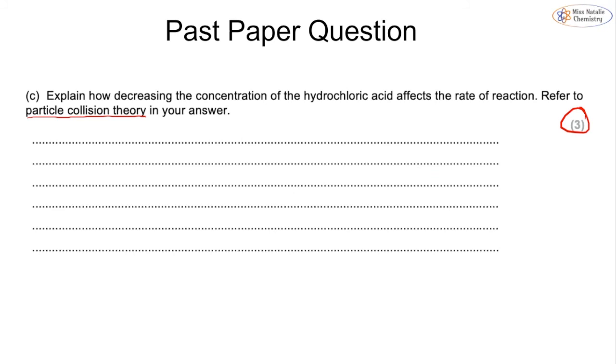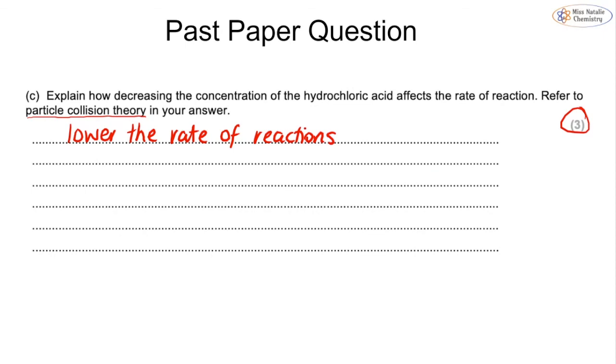So you should explain or describe what the effect of decreasing the concentration is. Well, decreasing the concentration is going to lower the rate of reaction. Okay, so my reaction rate is going to be slower.